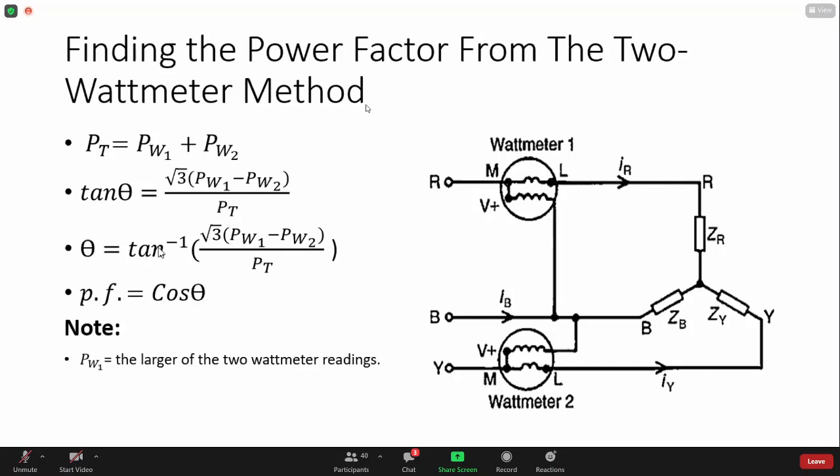Then you take the tan inverse of that value, and you get an angle, and then you find the cosine of that angle, and you get the power factor. It's not as complicated as it sounds, so let us look at an example quickly.